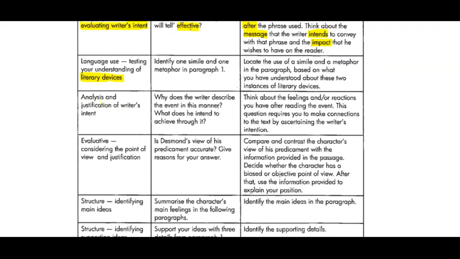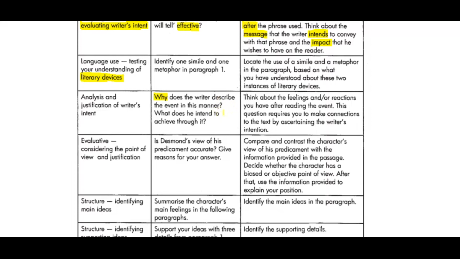Next, you need to analyze and justify the writer's intent. They're asking you to find out what is the writer's intent, so why is he describing something in a certain way? Why is he doing it? It is because he's thinking about this thing in a particular way, and therefore that is his intention.